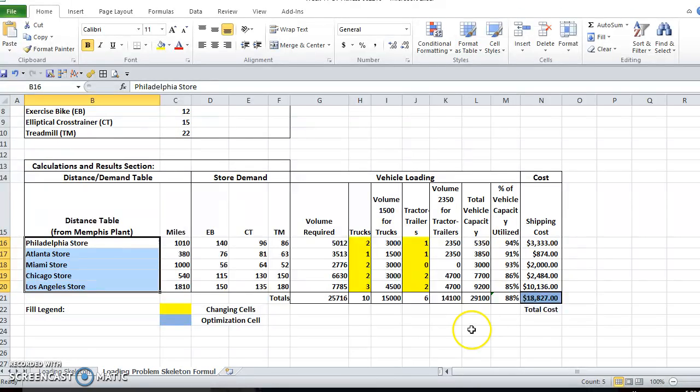Fish around, play around, get a good answer that you feel is effective and appropriate. But again, the beauty is the opportunity, if you've got deliveries going out every day, every week, every month, whatever, that you can simply plug in the numbers, or more effectively later on we'll show you how to run Solver, and it will tell you exactly how many trucks and trailers you need to load and how many square feet.